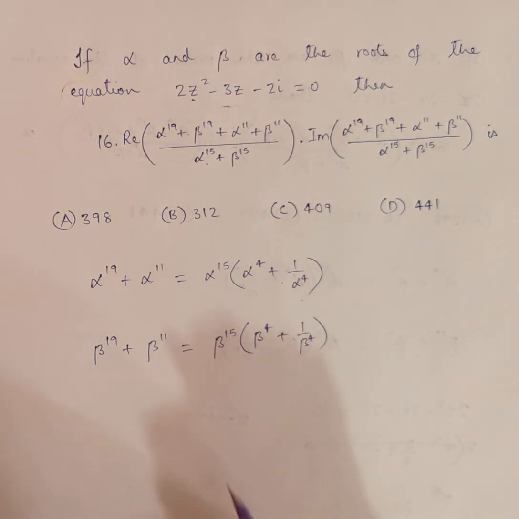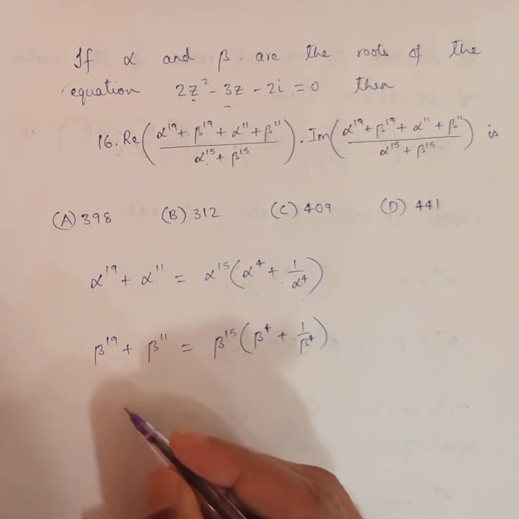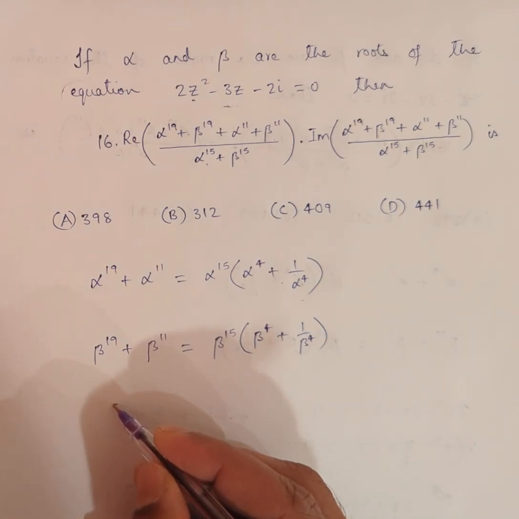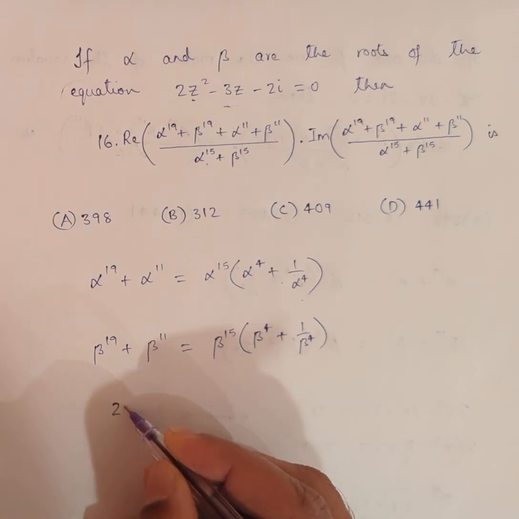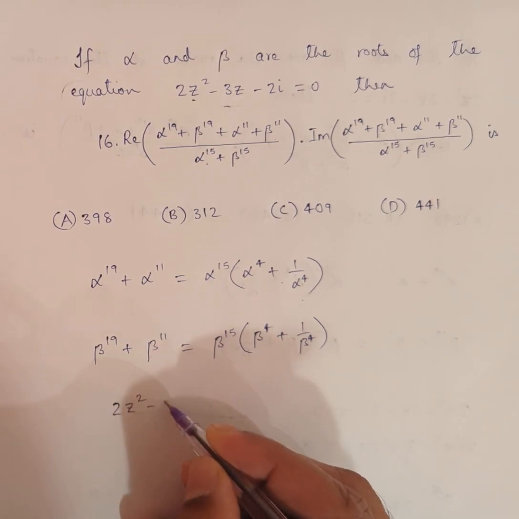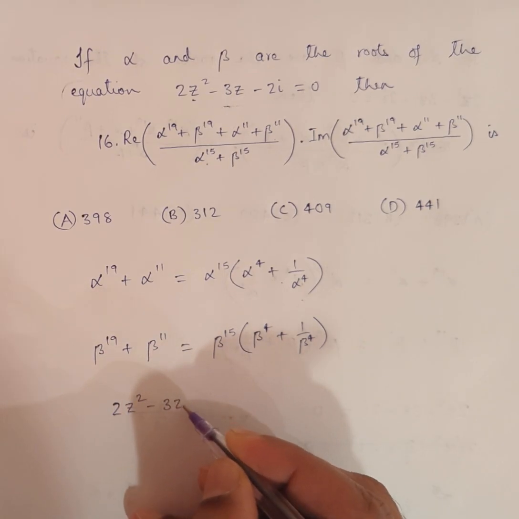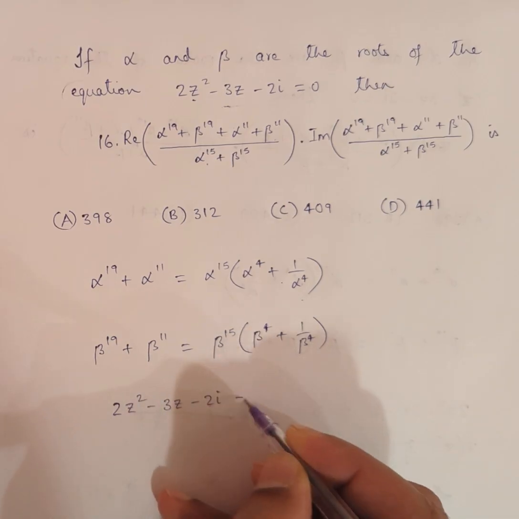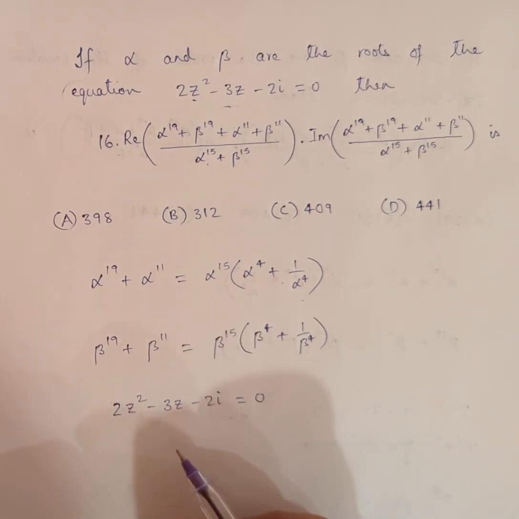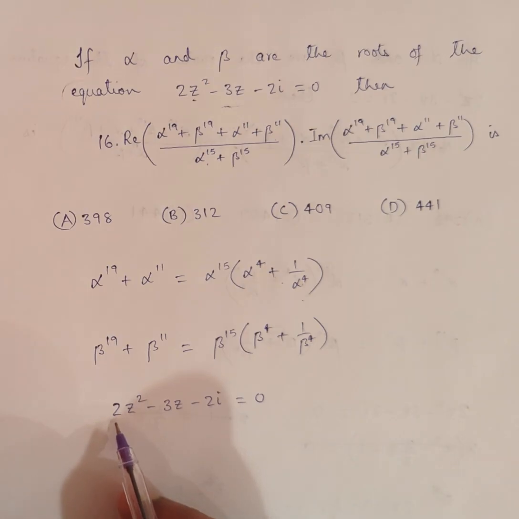So with that goal in mind, we are going to look at that quadratic equation, which we have not looked at yet. It's 2z squared minus 3z minus 2i equal to 0. And there is a 2 here and there's a 2 over there.